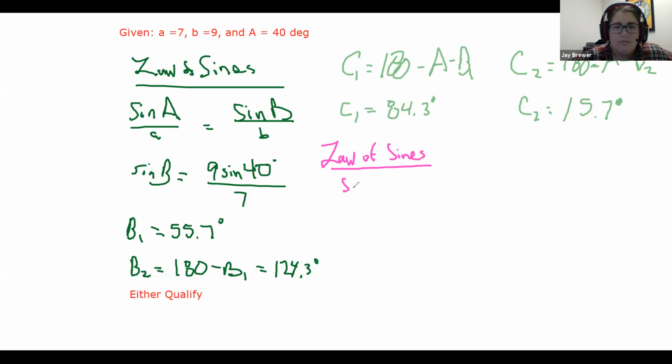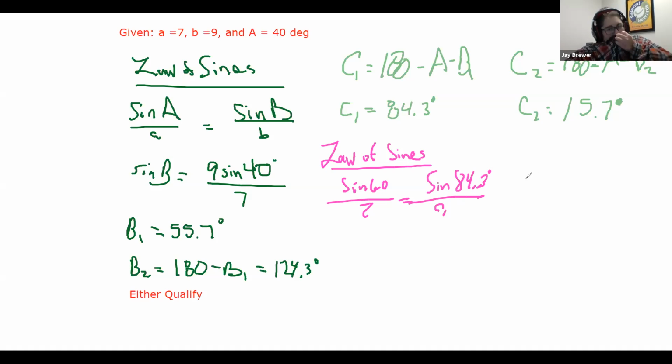Okay, so we're going to use sine of 60 degrees over 7 equals sine of 84.3 degrees over little c1. Which, if you work that out, ends up being 10.84.